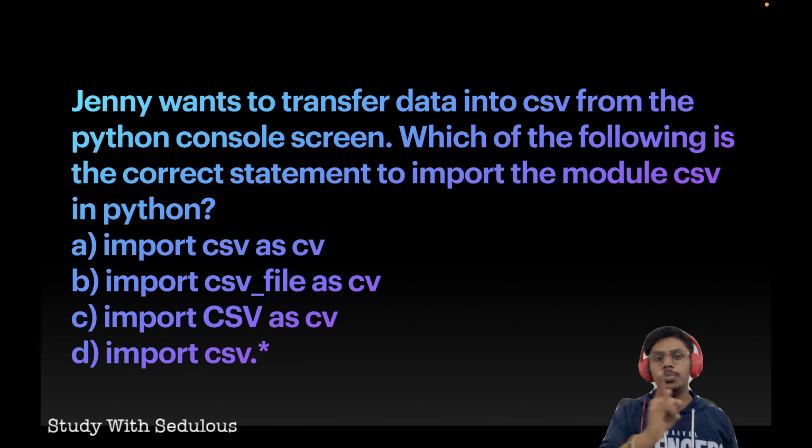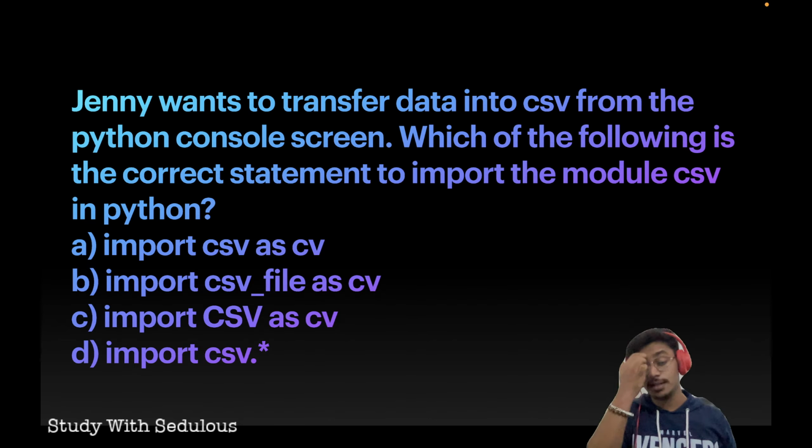Then import csv_file as cv. For that, this has to be some defined function, because csv_file is not the one that we want to actually import. It should be csv. So the confusion is A or C, capital CSV or small csv. Capital CSV is wrong.